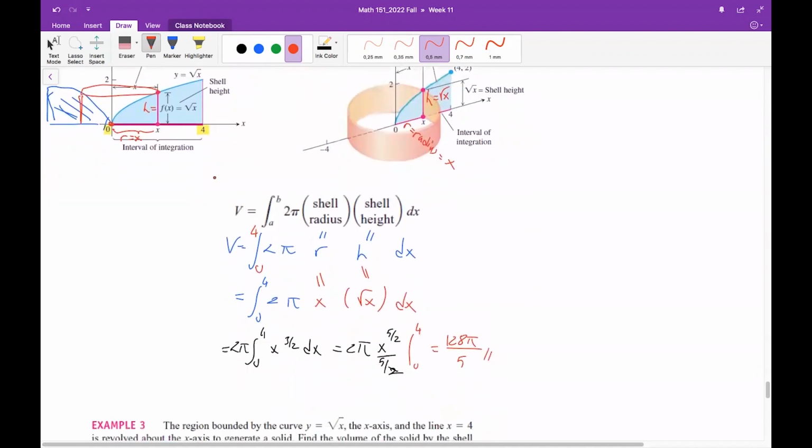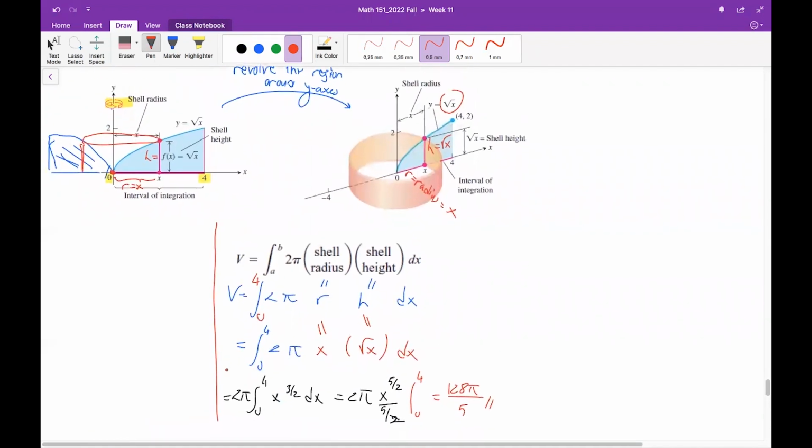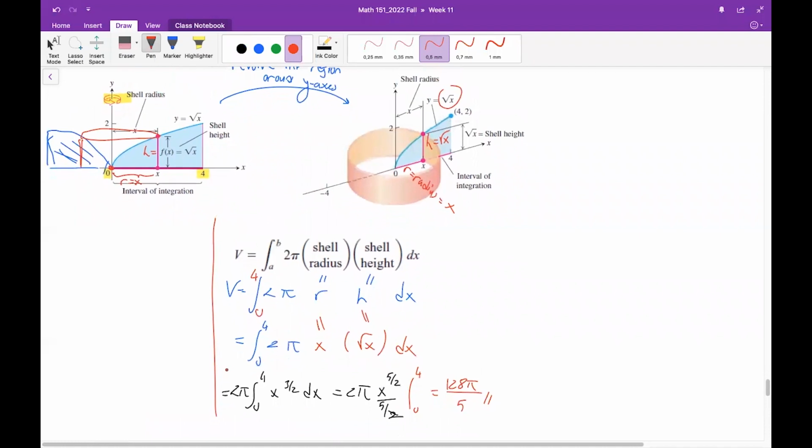On the other hand, you can solve the same question by using the washer method. So recall, let's solve the same question by using the washer method. Let me draw the figure again. I have this region, remember, and we are revolving it around the y-axis, where the equation of this curve is y equals square root of x.